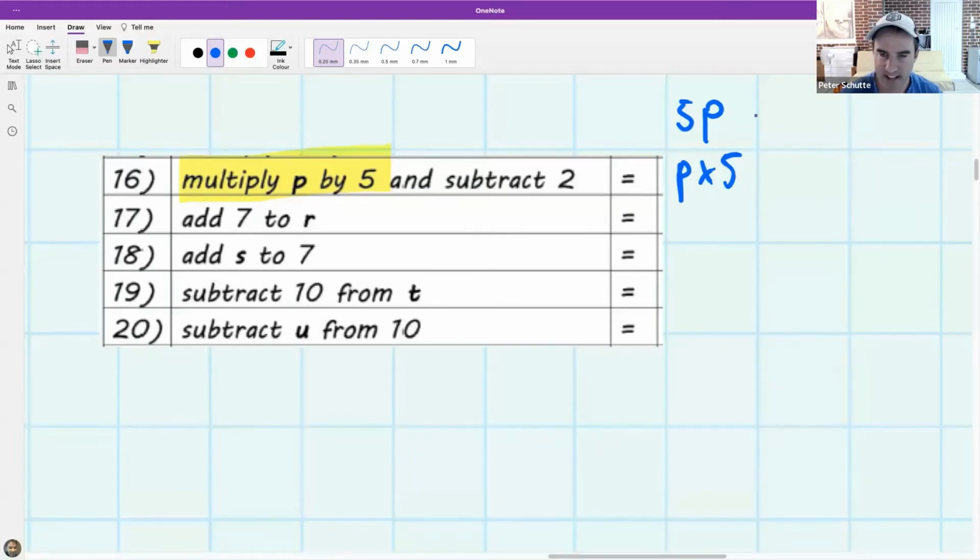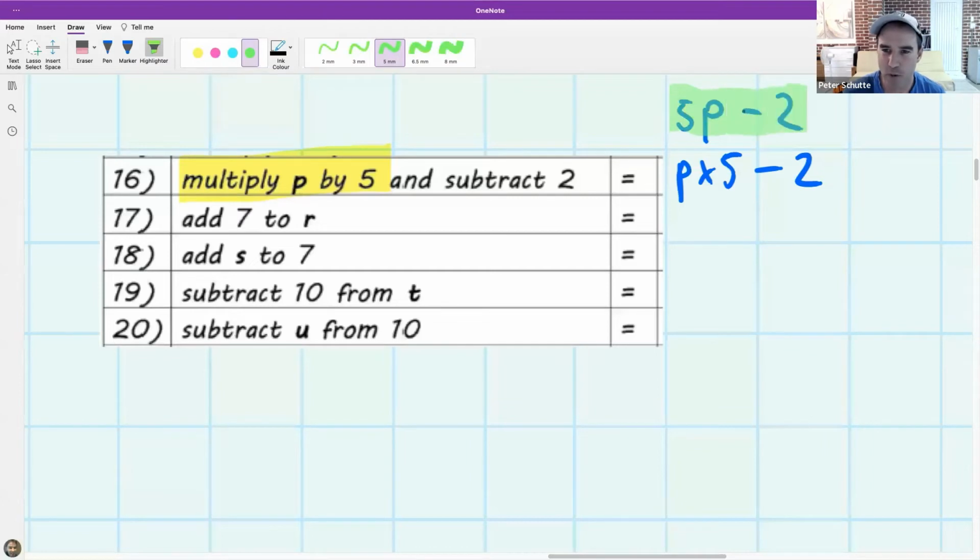Once you've done that, you then need to take away 2. So both of those ones in blue would be an answer for the first one. If we're being perfect, we like the top one because it's nice and neat and tidy, but it takes a while before students understand that 5p literally means 5 times p or p times 5. So I want to encourage you today, as I show you both options, to start to make that connection.